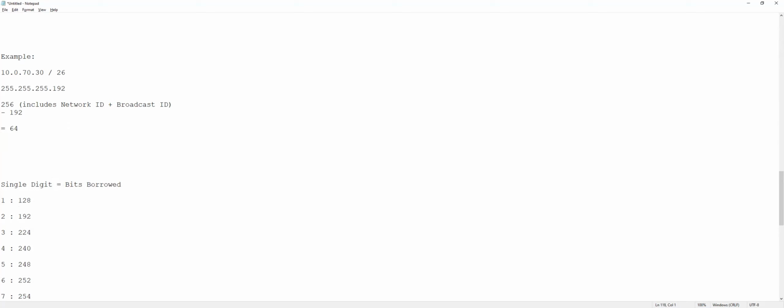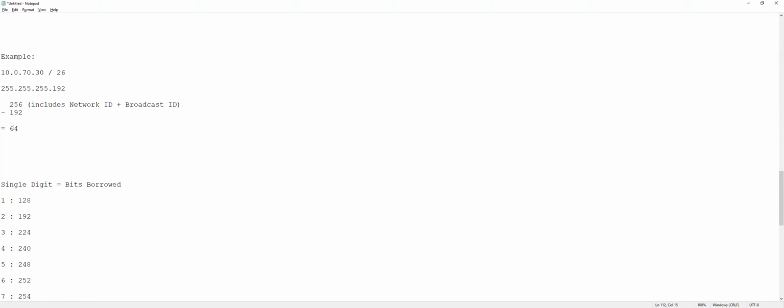Correct. Yes, sir. So now going back, right? We're trying to figure this out, right? What is a slash 26 and where does the IP address range of 30 reside in, right? So I told you the technique is 256 minus the subnet mask that you found, which you found through here, right?